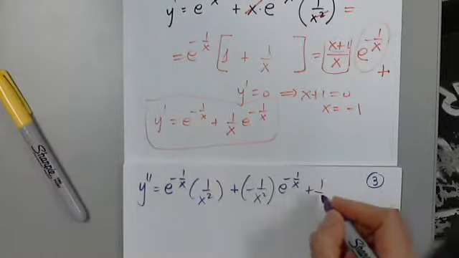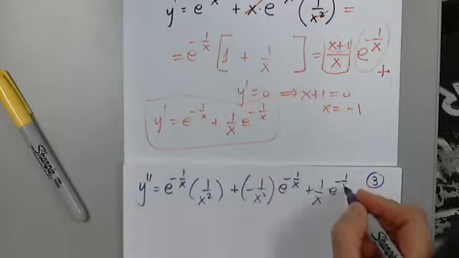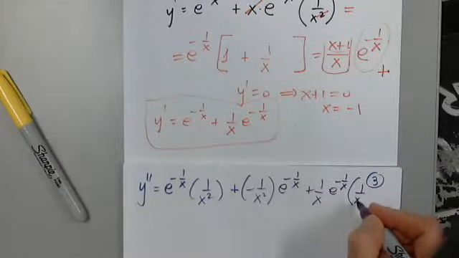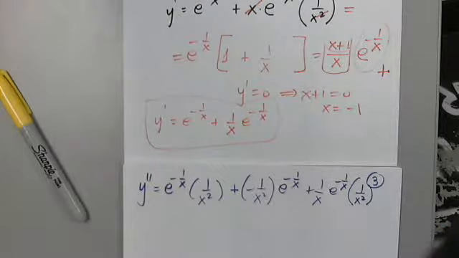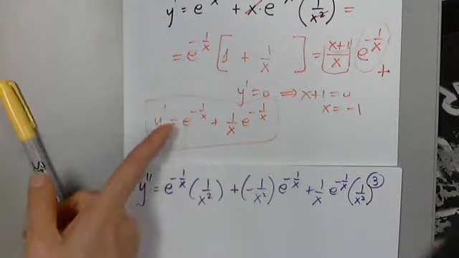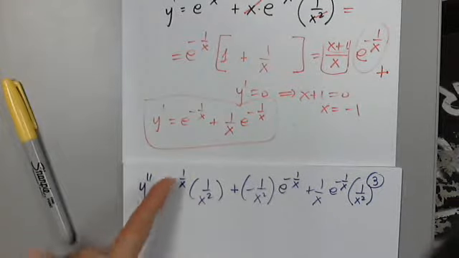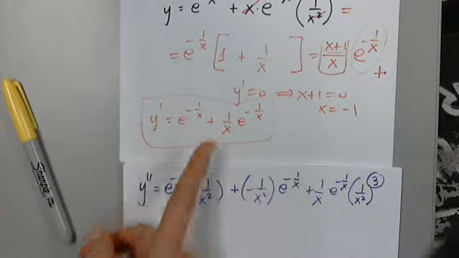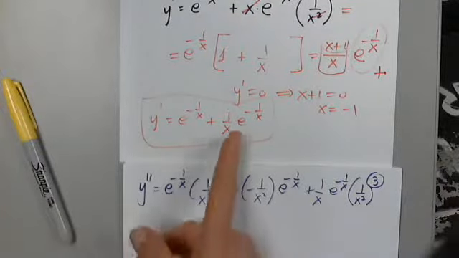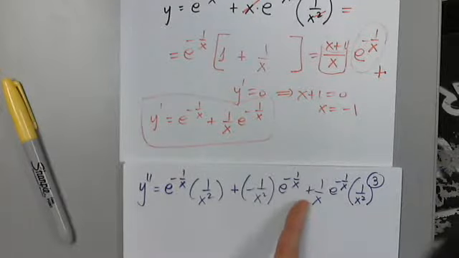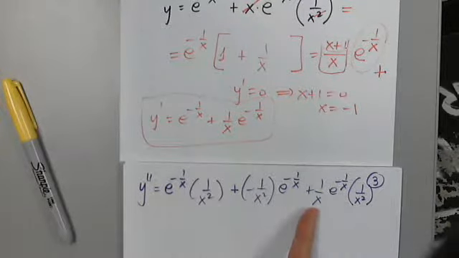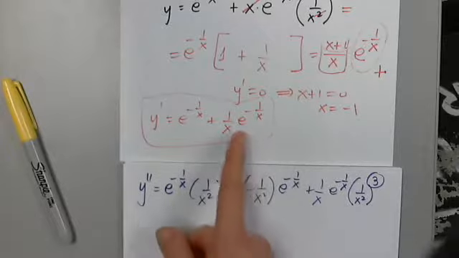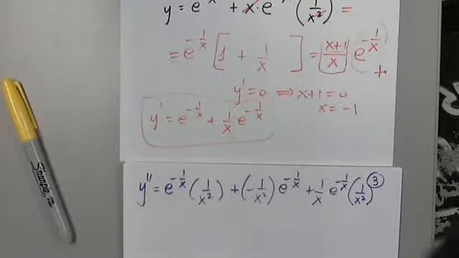And then plus 1 over x, e to negative 1 over x times 1 over x squared. So let's do this again. e to negative 1 over x is e to u times u prime. Then plus, we differentiated 1 over x, which is negative 1 over x squared, times the second function, plus the first function, which is 1 over x, times e to u times u prime.